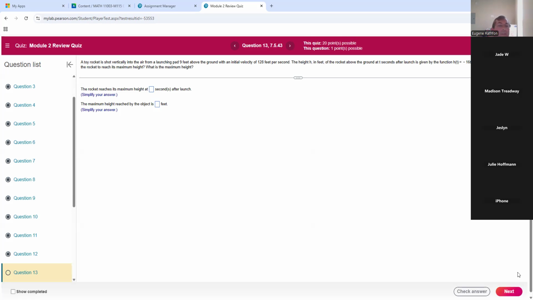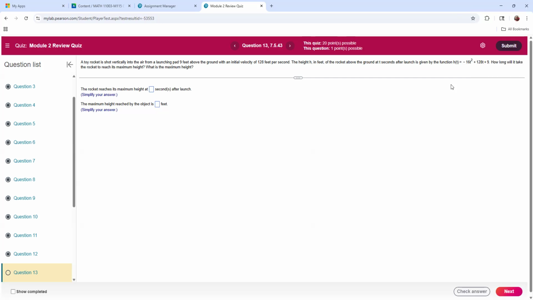All right, y'all. So for this one, they're telling you about a rocket shot from a launching pad 9 feet above the ground, 128 feet per second. So all we're worried about is the equation they're giving us. So y'all, where's that equation? Right there. That's what we want.